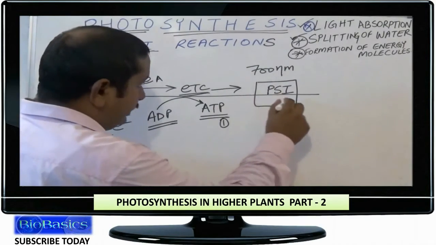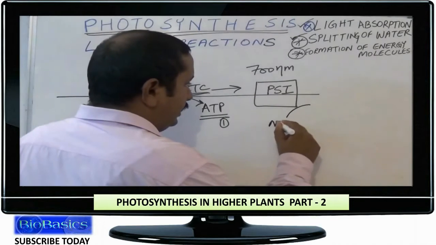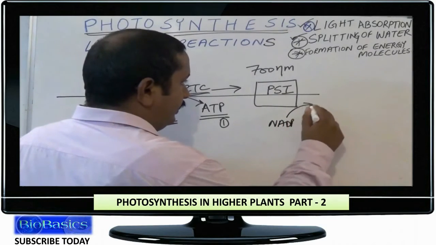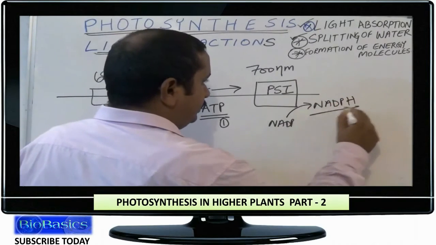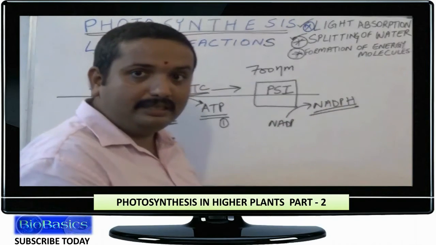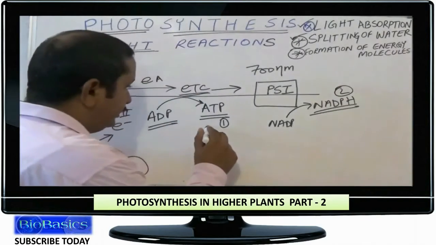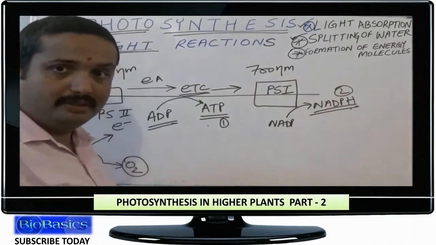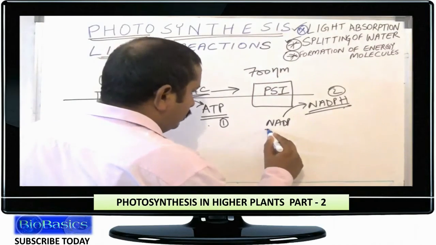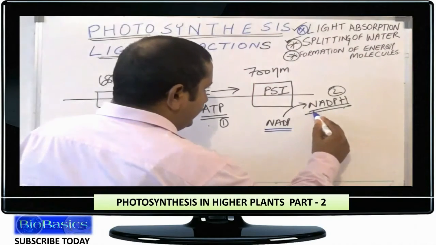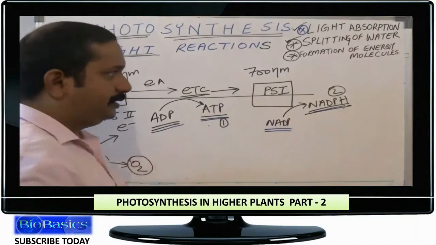And when it reaches here, another energy molecule, NADP to NADPH, is formed. This is number 2. So one energy molecule, two energy molecules. Fine. There is the formation of NADP to NADPH and ADP to ATP.